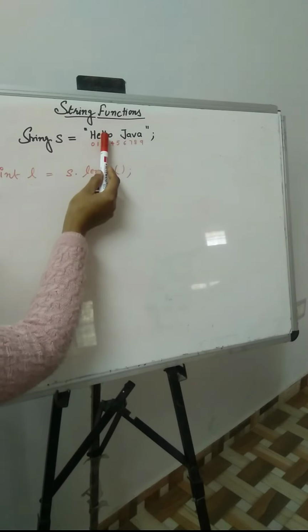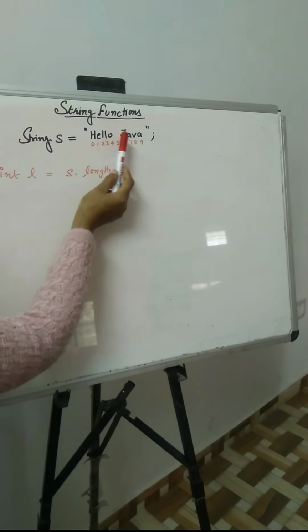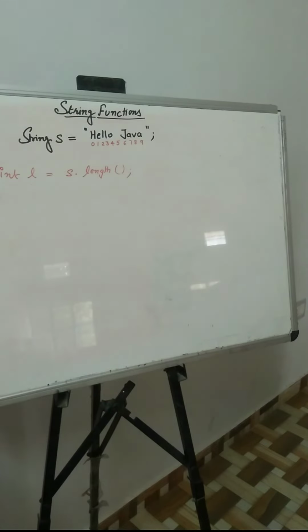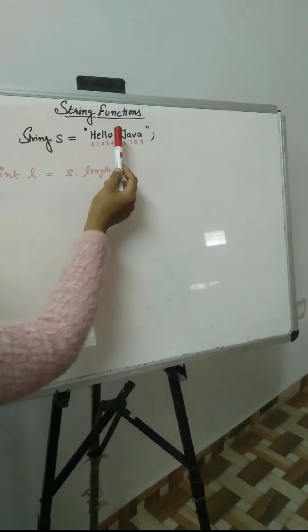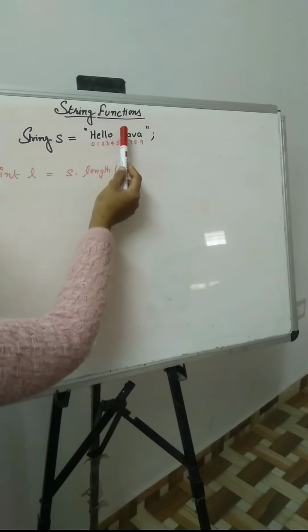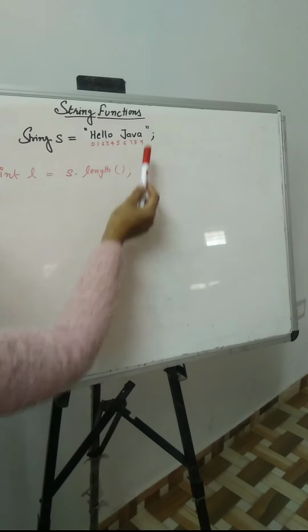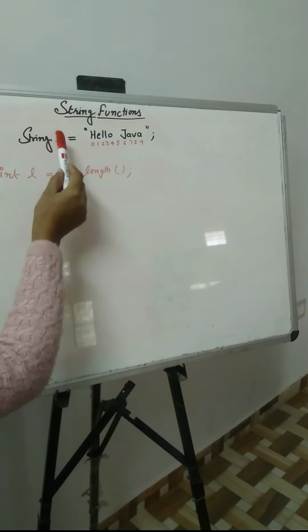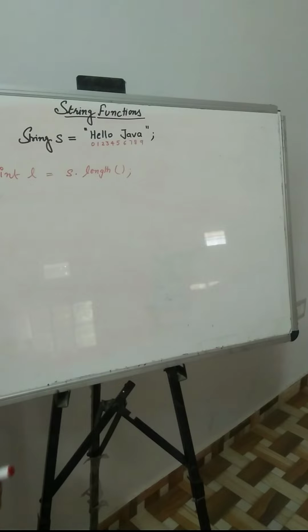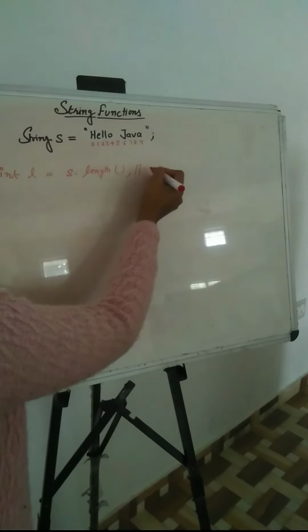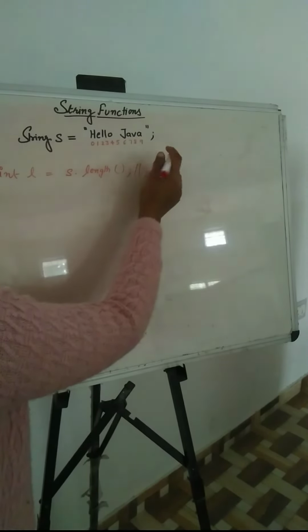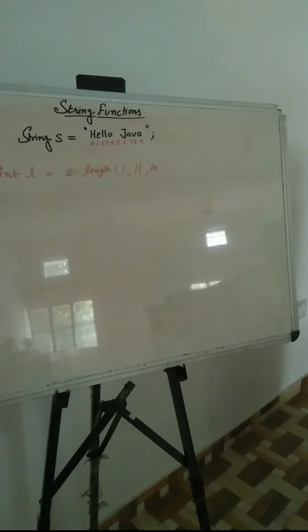So 1, 2, 3, 4, 5, and it will count the space also. So 5, the space is in 6th position, then 7, 8, 9, 10. So the length of this string S is 10. Okay, the answer will be 10 here.